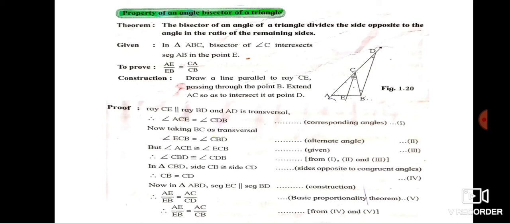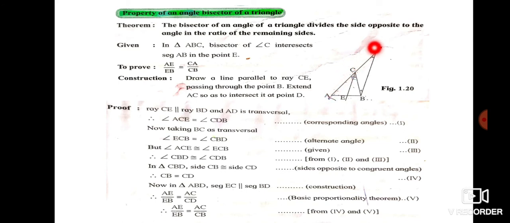So, according to BPT, we can say that AE upon EB is equal to AC upon CD. I repeat once again, in triangle ABD, DB is parallel to CE. So, by BPT we have AE upon EB is equal to AC upon CD.